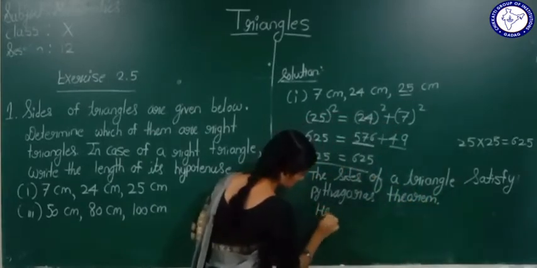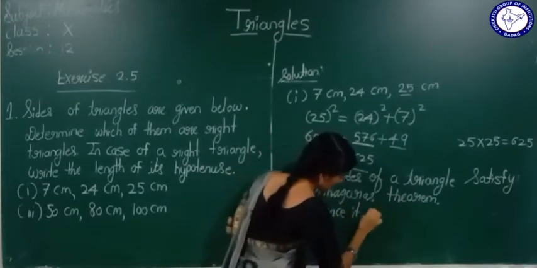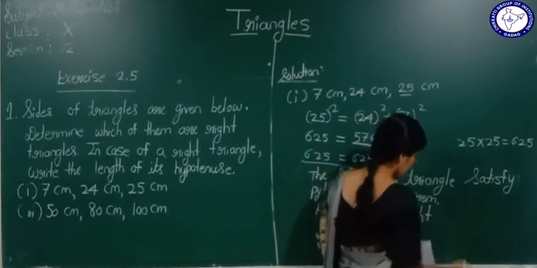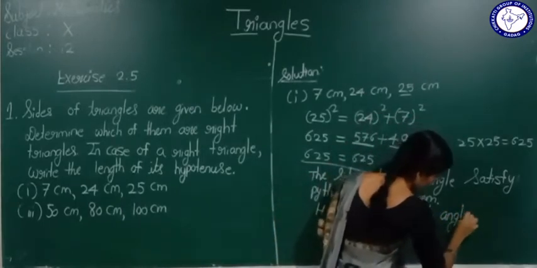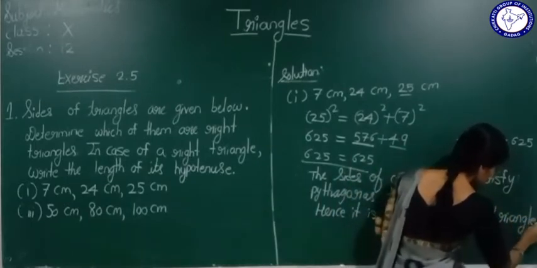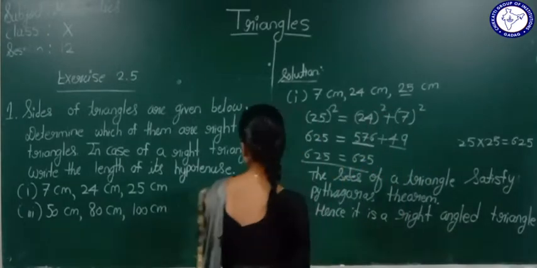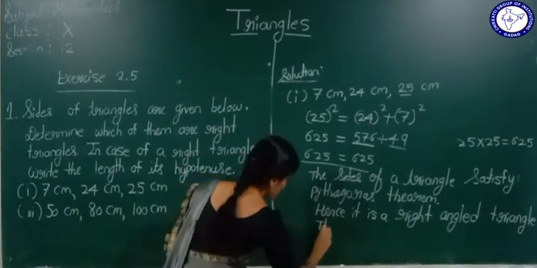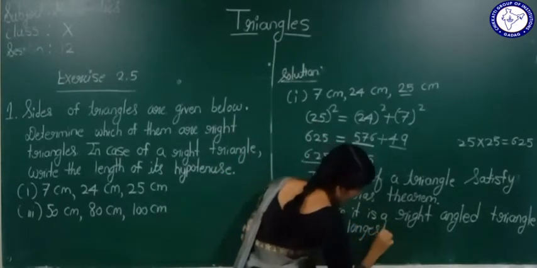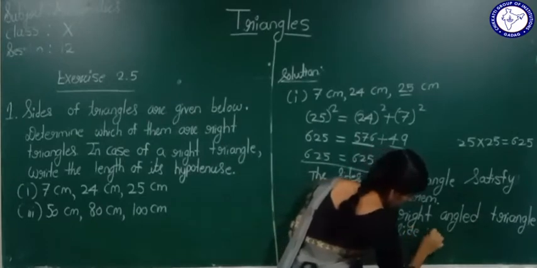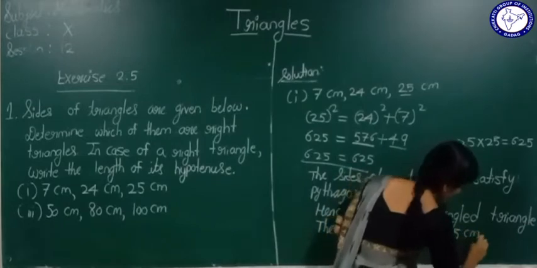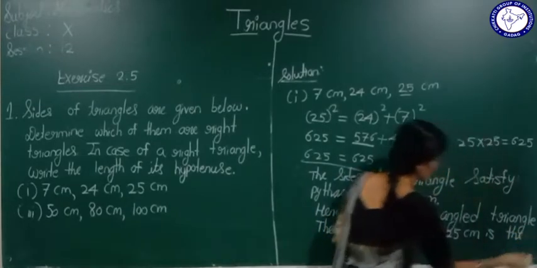Hence it is a right angled triangle. The longest side, 25 centimeter, is the hypotenuse.